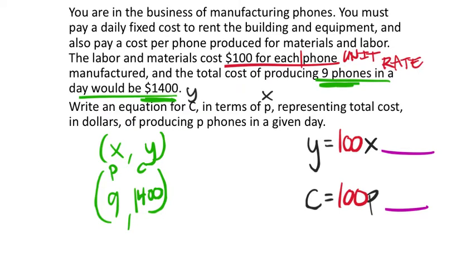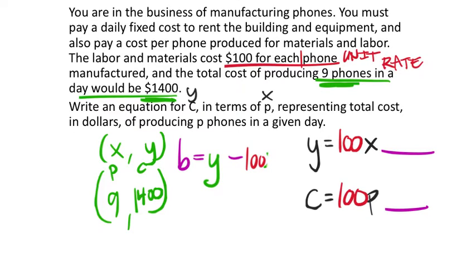So what we have here is an ordered pair. They did not give us the y-intercept, which is the cost to rent the building and equipment. So we're going to have to use our y-intercept formula. We take B equals Y minus the slope, M, times the X. Well, we already have the slope. We know it's $100 every phone.